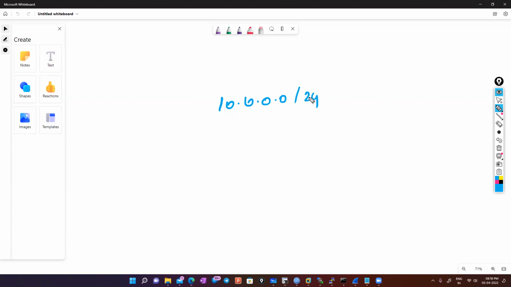So what happens now? See, 24, you have to focus here. The first 3 octets. How do I come to know that? 3 into 8, 24, because every octet has 8 bits. 8, 8, 8, so 3 times 8 is 24. So that's the meaning of this. You have to convert.